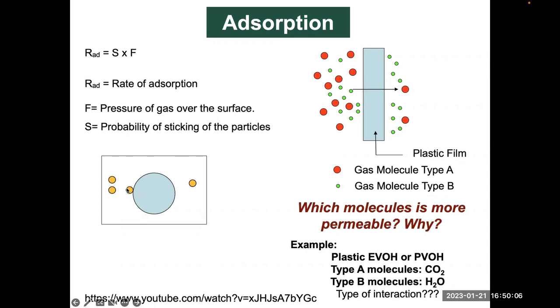Think like instead of 4, I have 10 of these molecules, and it's a closed area, right? If I have 10 of these molecules, that means I have more of these molecules, which indicates there is more pressure. So if there is more pressure, then more of these can interact with the surface. That means the probability of sticking of these molecules to the surface would be high.